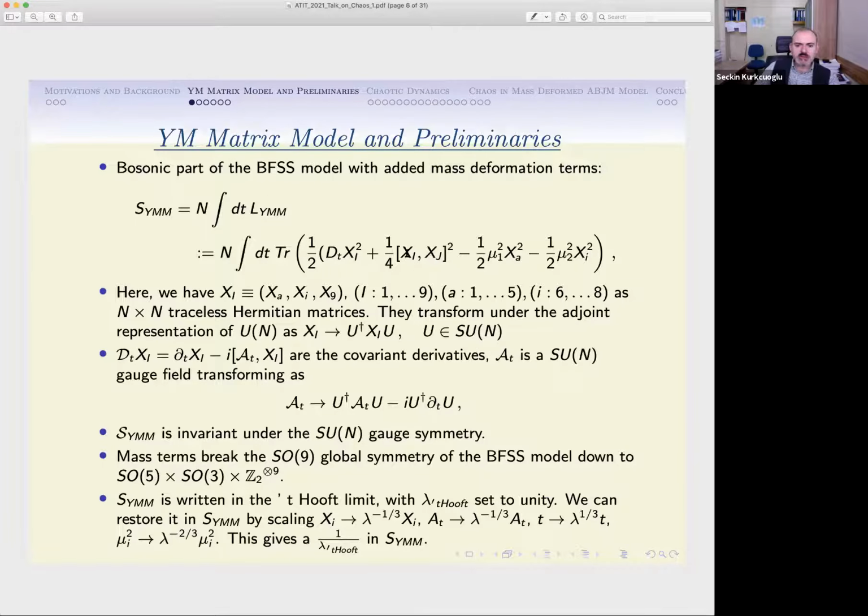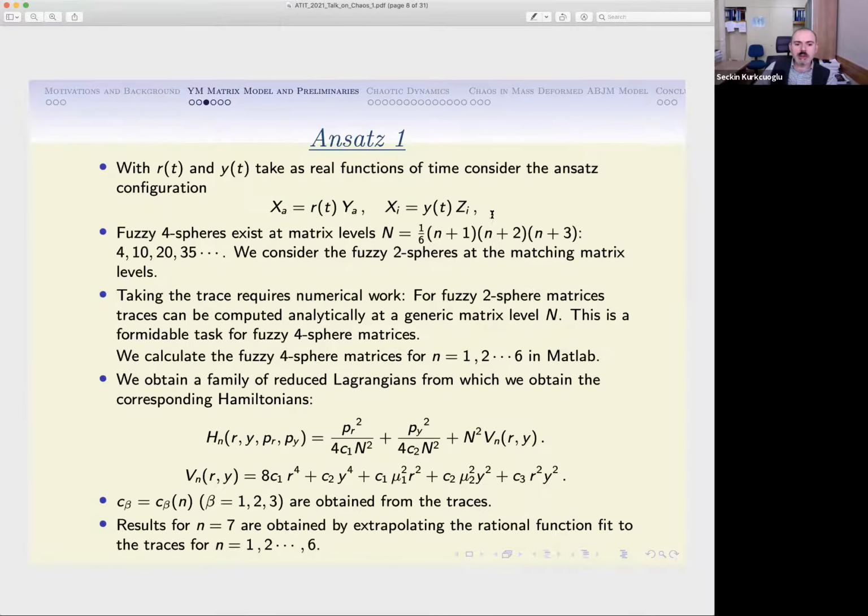You have this action, I substitute these matrices into the action and take traces. But when we take the traces, these numbers turn out to be negative too, but you say they don't. No, they don't. It is fixed in such a way that they don't.